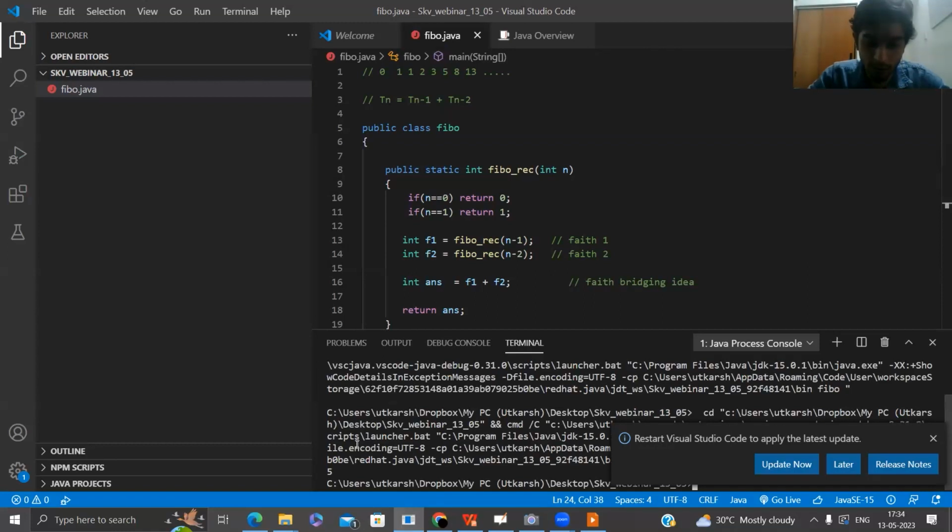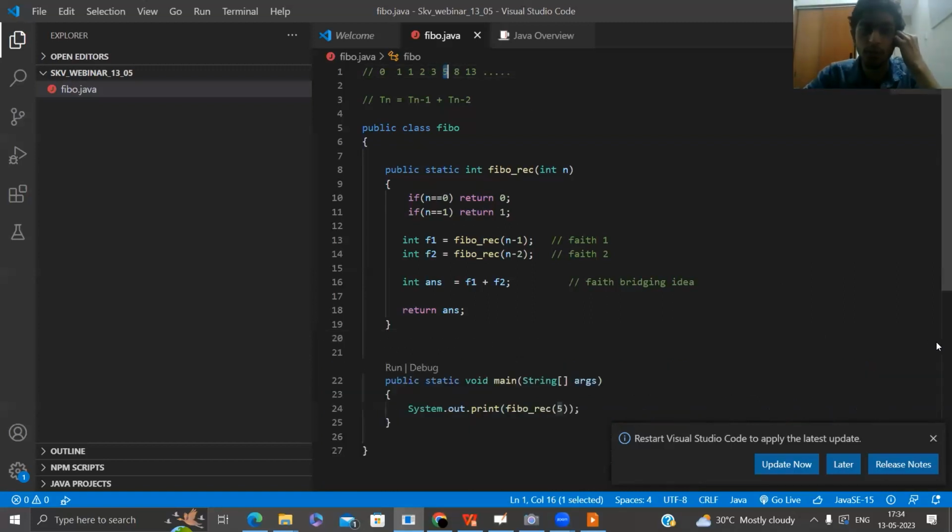Okay, so your fifth Fibonacci is 5, right? Let us see it over here. This is the zeroth Fibonacci, first, second, third, fourth, and fifth, which is 5. So your recursion has done your job, right? This faith method works. It has done the job, right?